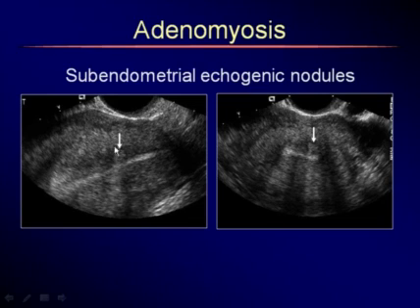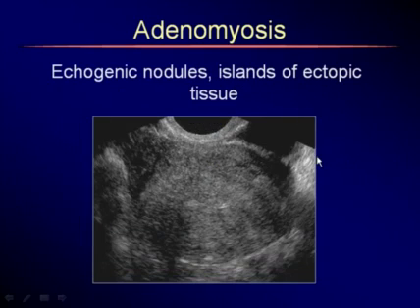You can imagine that that's a pocket of blood or endometrium in the wall. And multiple small hyperechoic kind of nodular distribution is another finding of adenomyosis. And notice here you're having difficulty delineating exactly where the endometrium is.